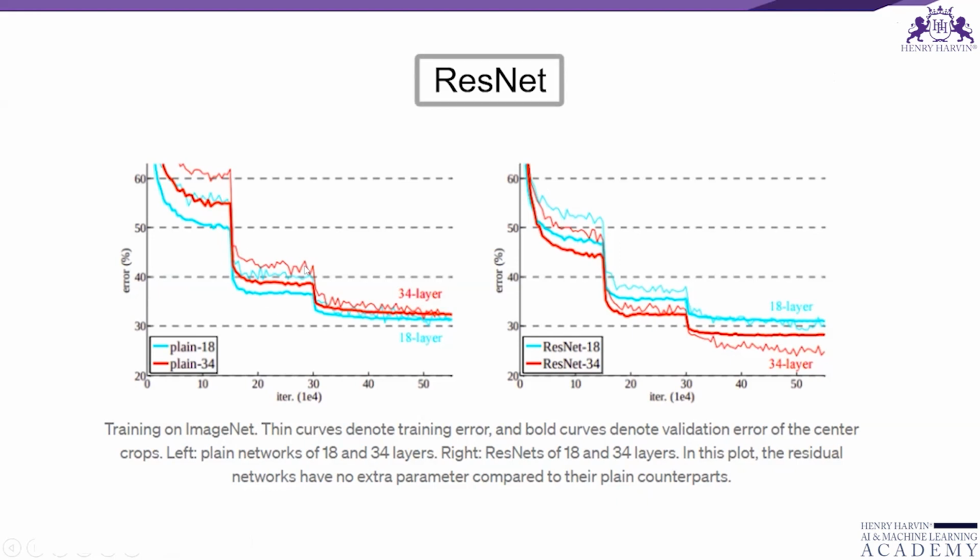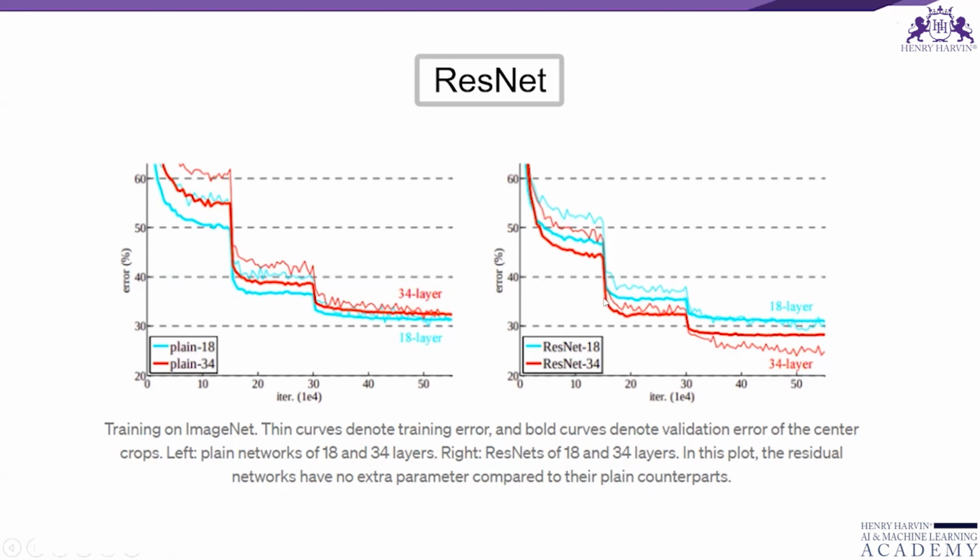You can see both on this plot. The thin curves denote the training error and the bold curves denote the validation error of the center crops. On the left you can see plain networks of 18 and 34 layers, and here you can see ResNets of 18 and 34 layers.